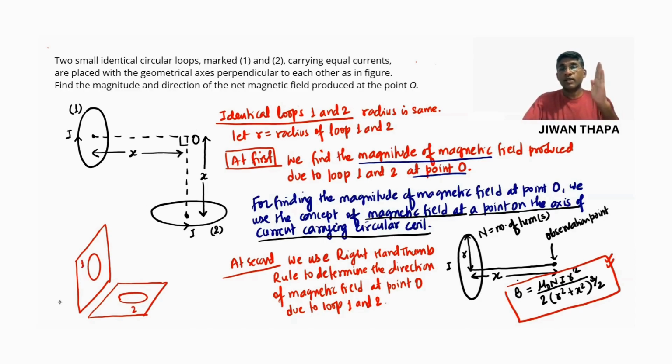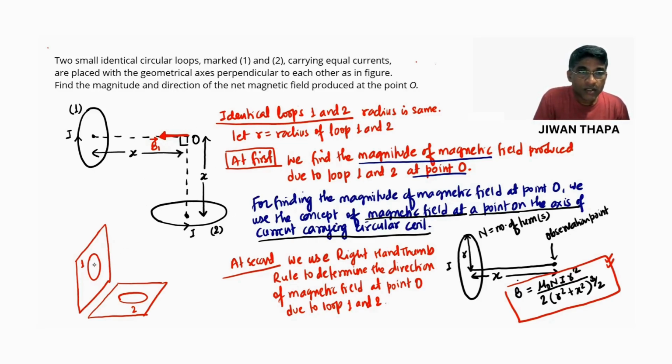And we can see in loop 1, current is flowing in clockwise direction. So if we curl the fingers of the right hand in the direction of current, then the thumb gives the direction of magnetic field. So magnetic field at point O due to loop 1 is directed towards loop 1. Clear?